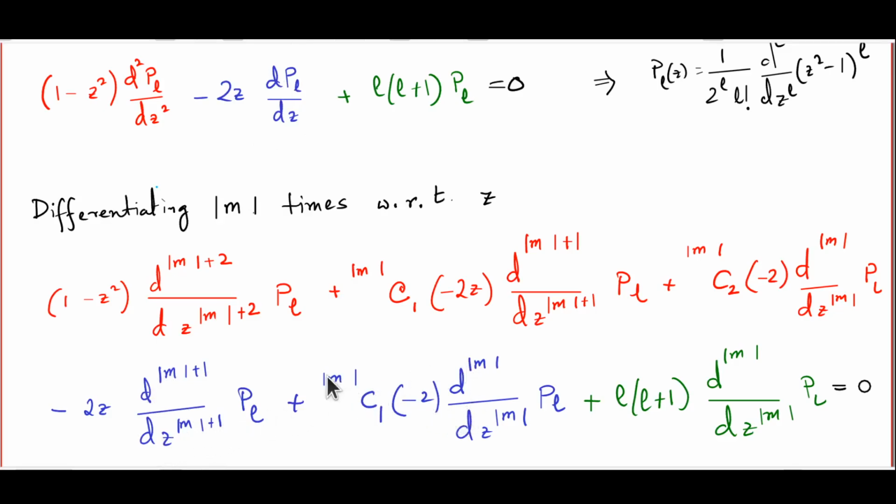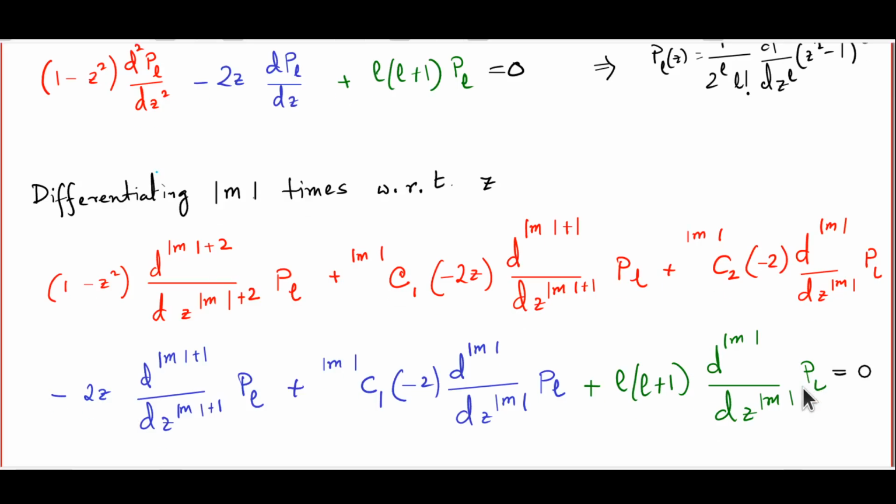The next term is when you differentiate minus 2z once to get minus 2, and differentiate this |m| minus 1 times, and you get a single combinatorial factor. Finally, this last term is very simple. L(L plus 1) is just a factor. It just goes out and you have an |m|th derivative of P_L.